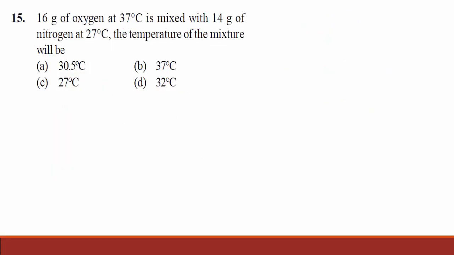16 gram of oxygen at 37 degrees Celsius is mixed with 14 gram of nitrogen at 27 degrees Celsius. The temperature of the mixture will be? See here, oxygen and nitrogen both are diatomic molecules.